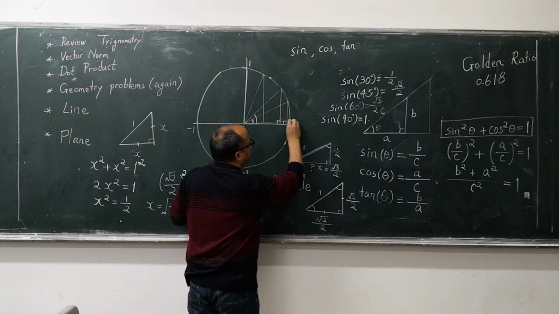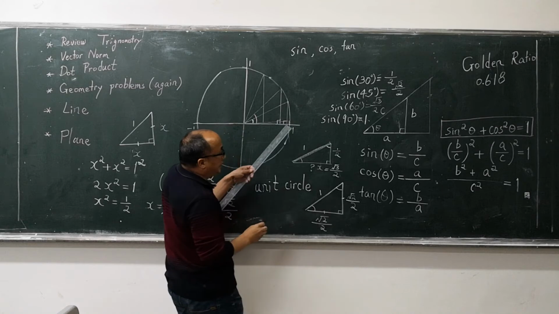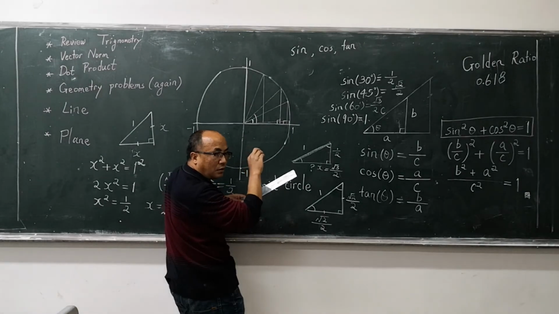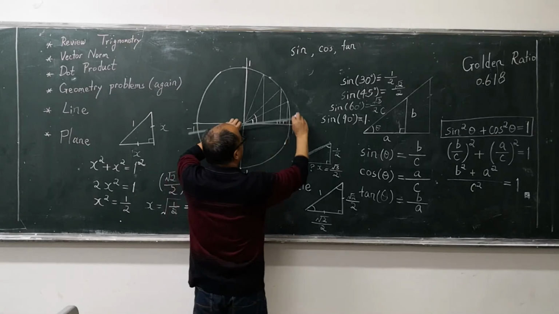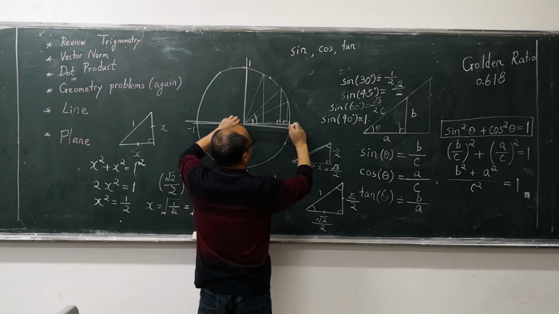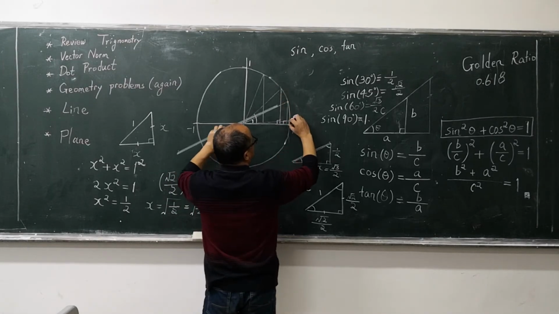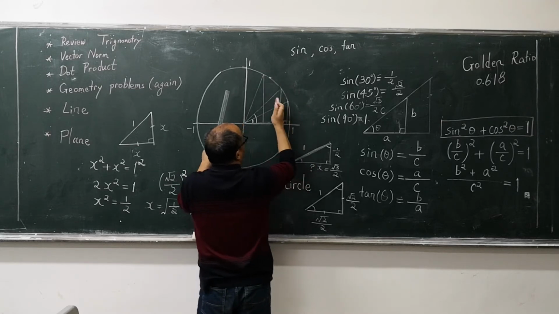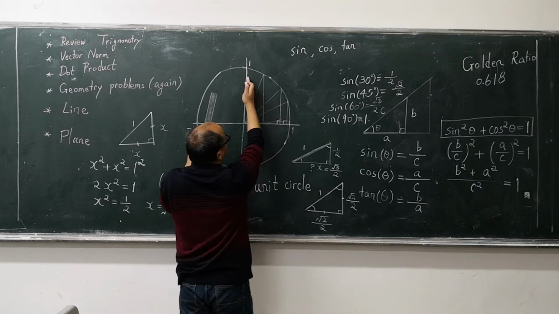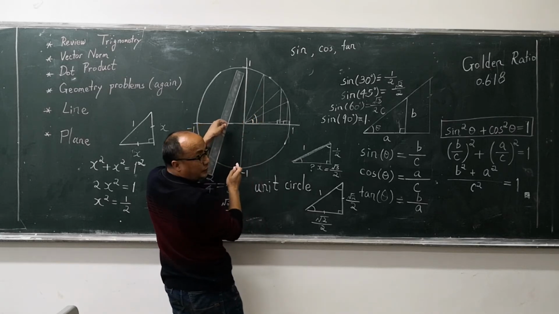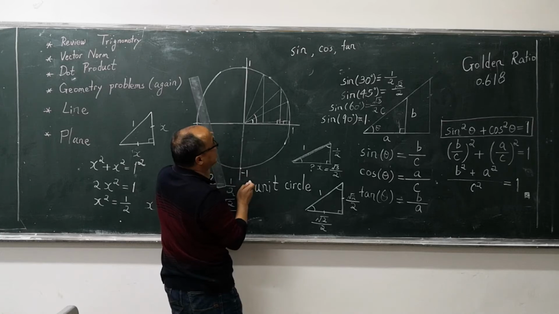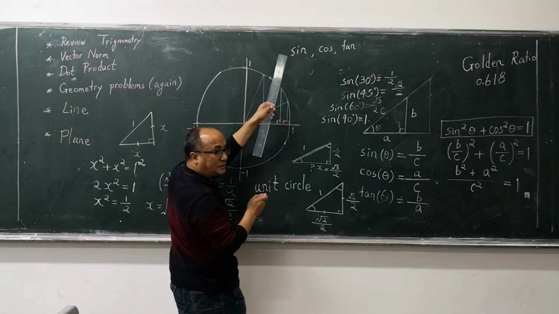Okay, very small. So when I'm turning, it becomes bigger, and eventually when I reach 90 degrees, it becomes 1. That is the maximum of a sine value.